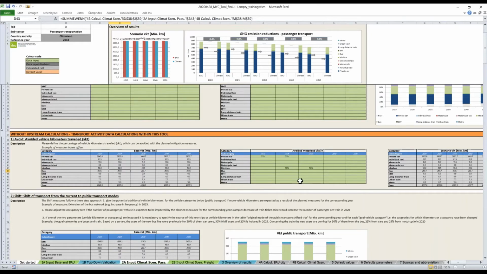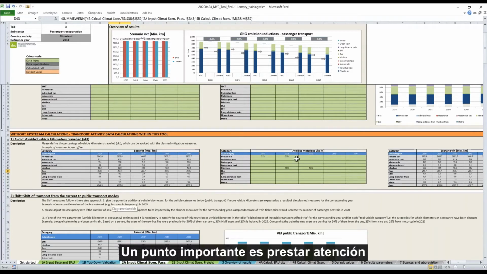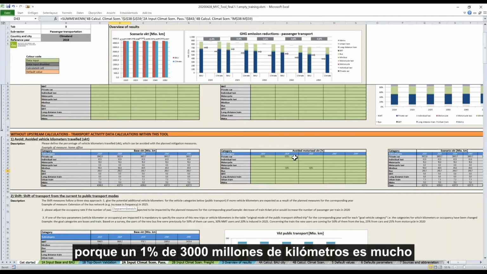As you can see, you can start seeing the effects of what you are doing. So you're already having almost 1% reduction from 2025 on. And that's the avoid. Important point, just pay attention to how many kilometers you're reducing, because 1% of 3,000 million kilometers, it's a lot.